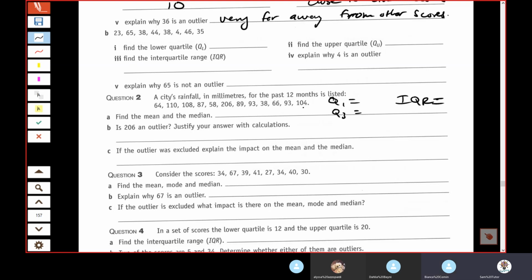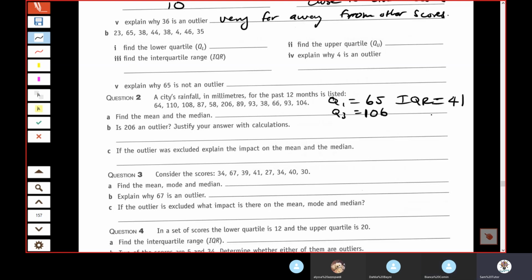Press AC, then shift 1. I press 5, I press 3. I got Q1 as 65. Let me know if you can't get that. Shift 1, 5. I got 106 for Q3.